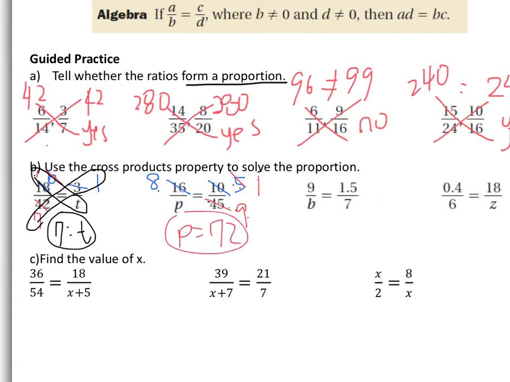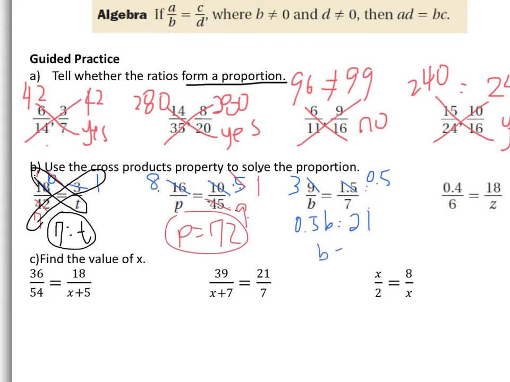See? And here I see that I can't simplify 1.5 with 7, but I can simplify 9 with 1.5. So 9 divided by 3 is 3, and 1.5 divided by 3 is 0.5. Now I can cross multiply because I can't simplify any further. So 0.5b equals 21.